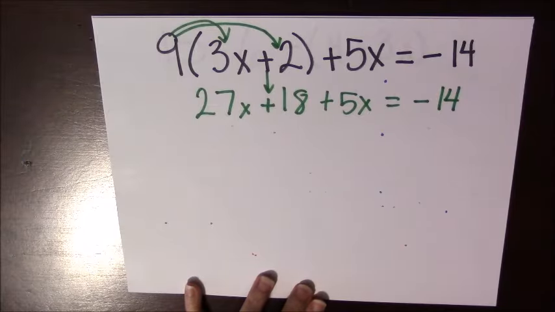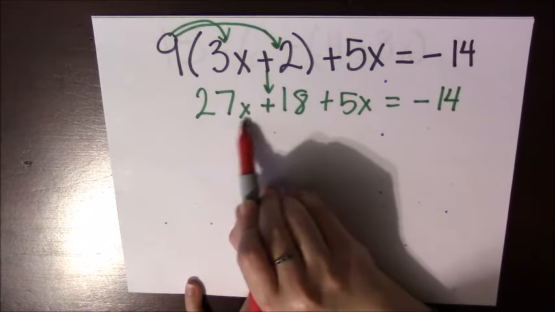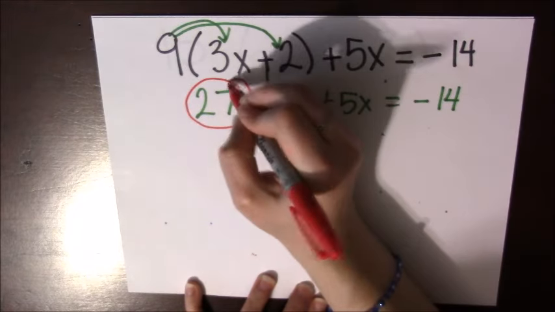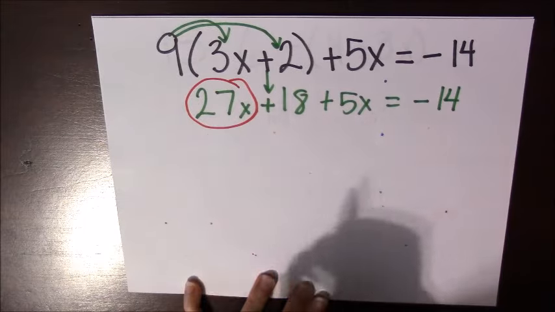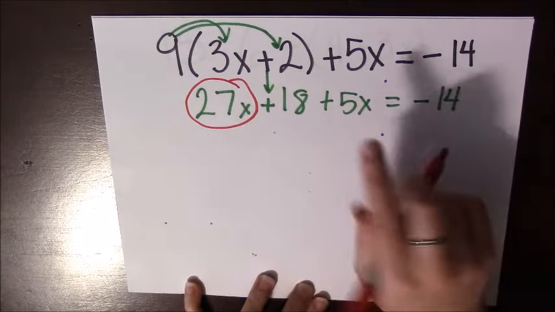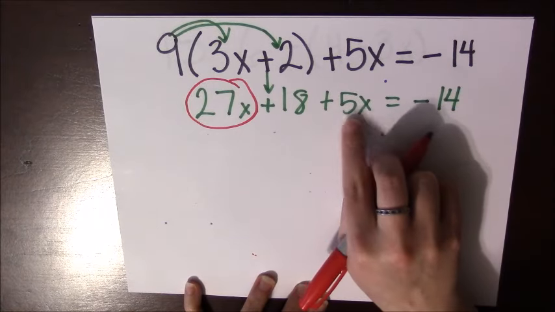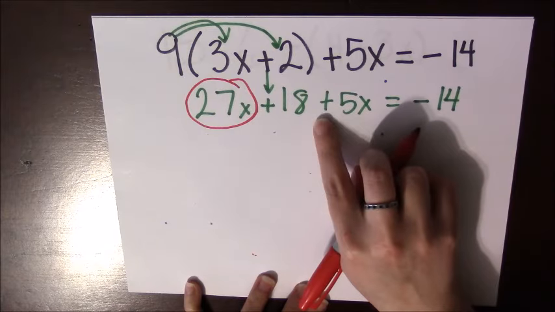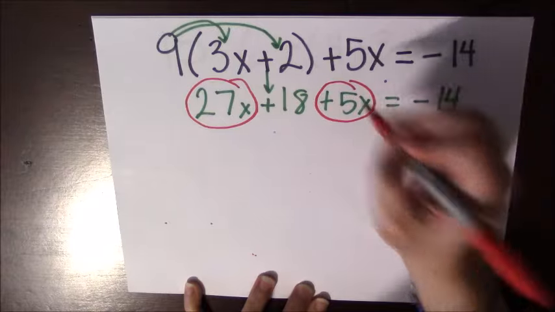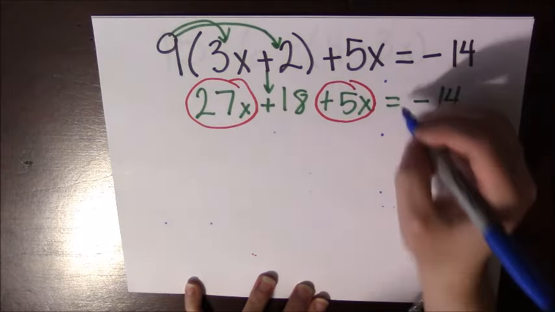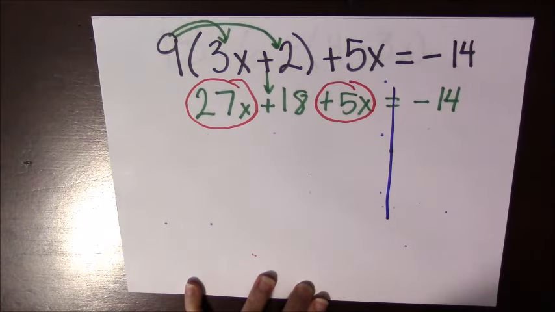So now we solve it just like we've been doing before. We circle our variables and coefficients and draw our river. So here's a variable and coefficient, 27x. Remember, 27 is your coefficient, the number that comes before the variable. Here, don't forget that positive belongs to the 5x. Whatever the sign is before the number, it belongs to it. So this goes together, and then we draw our river.